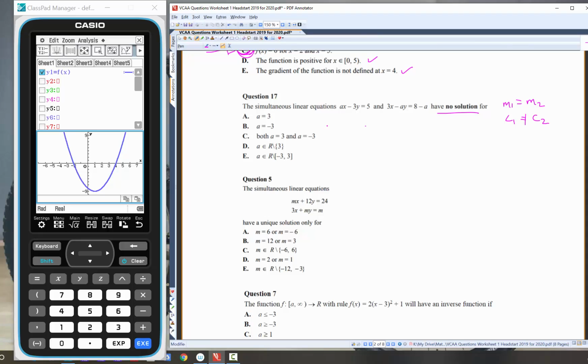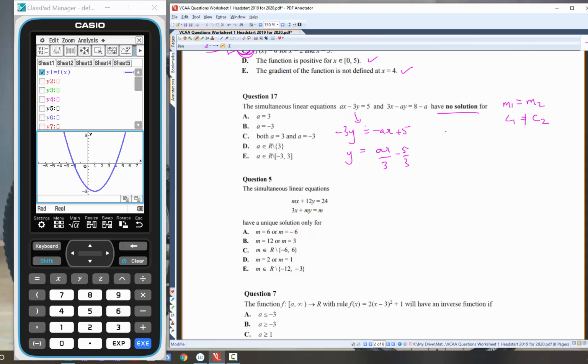Okay, now we're going to go negative 3y equals negative ax plus 5. So I'm going to get both of these functions into y equals mx plus c form. y equals ax over 3, take 5 over 3.